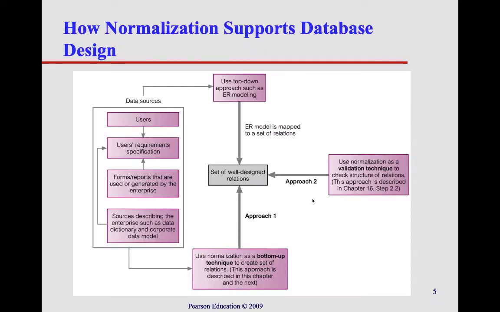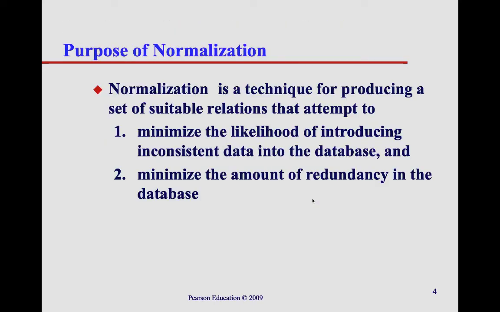And the way that we're going to minimize redundancy is to essentially try to ensure that the only duplicated attributes in our databases are keys. We're going to try to make it so that all descriptive attributes appear in one and only one relation.